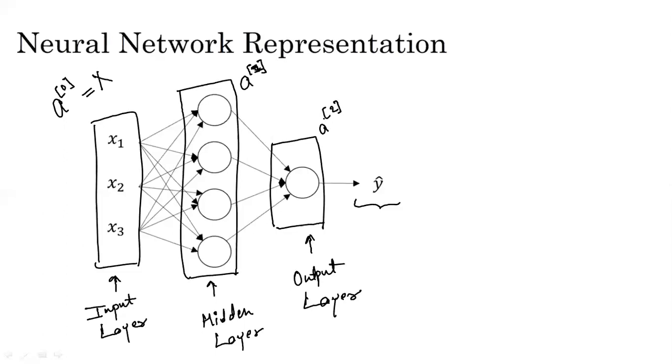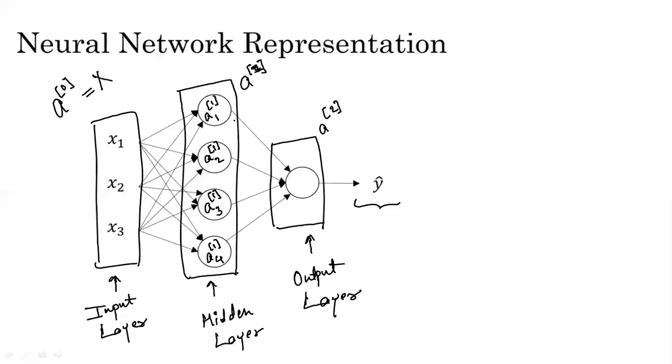What is the notation for an individual node? We write a with superscript for the layer and subscript for the node. So a^[1]_1 is layer 1, node 1, a^[1]_2 is node 2, then a^[1]_3 and a^[1]_4.